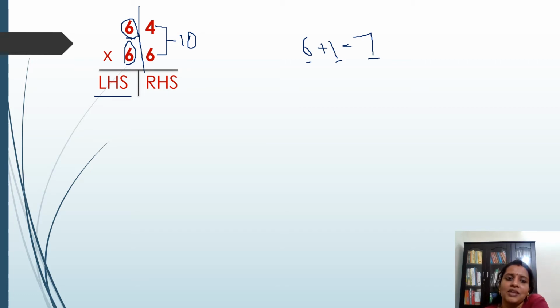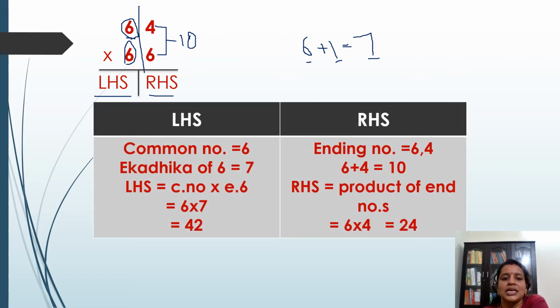And how will I get the RHS? For the RHS, we have to multiply the digits which sum up to 10. So for LHS, the common number is 6 and the ekadika of the common number is 7. So my LHS is 6 into 7, which is equal to 42.